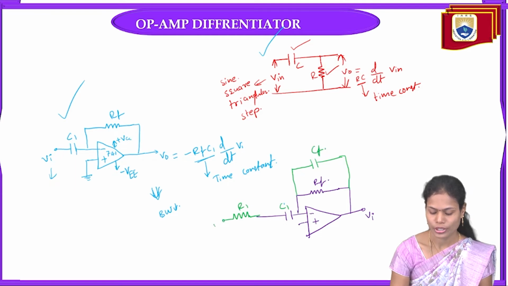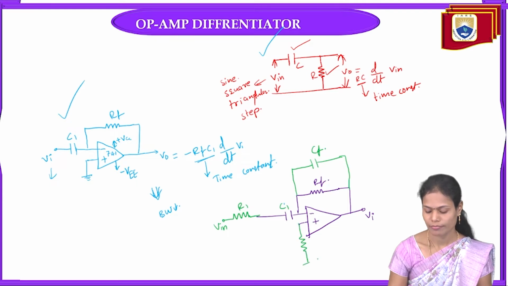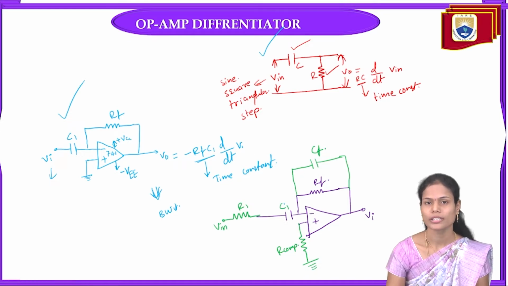Here we apply our input signal, and at the non-inverting terminal we provide the R compensation resistor. This R compensation resistor is used to nullify any biasing effects in the operational amplifier.